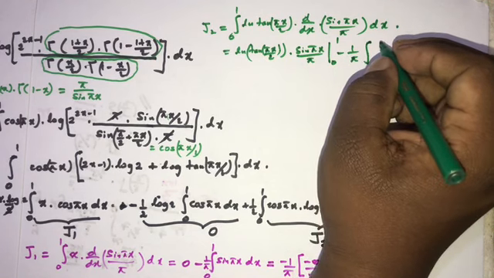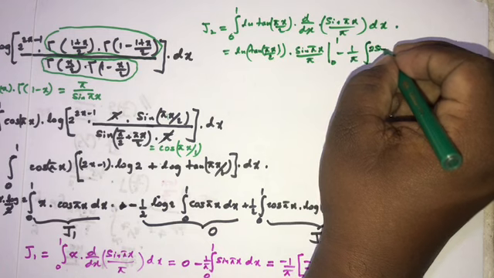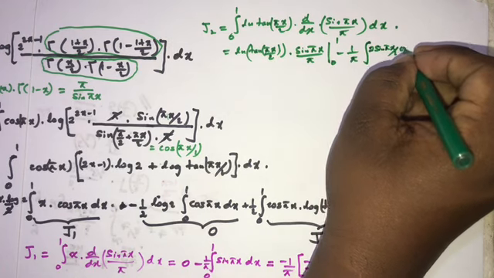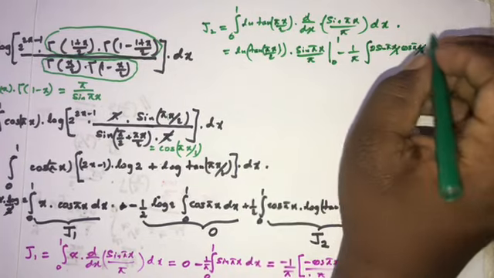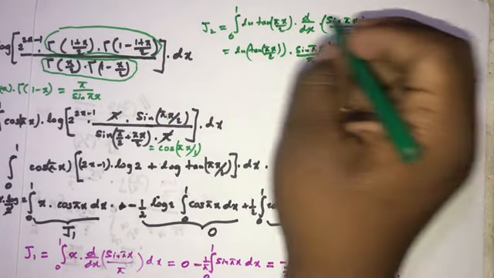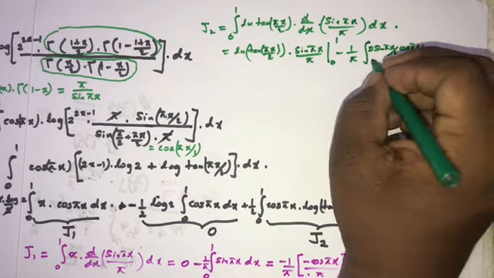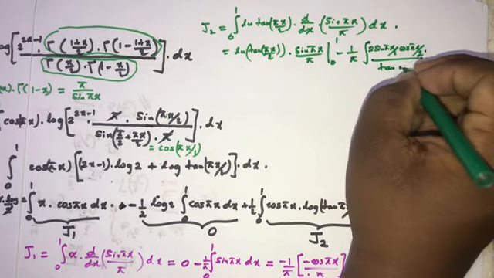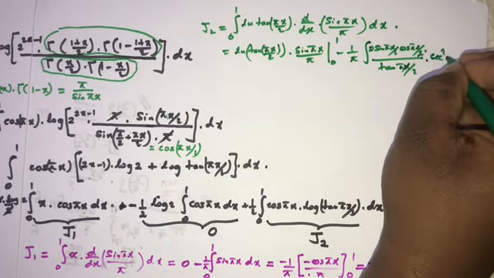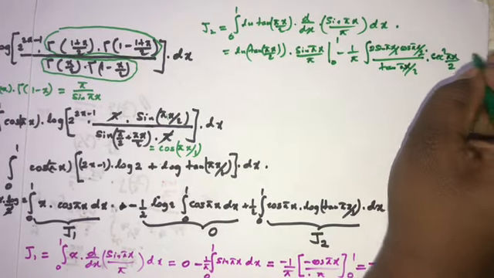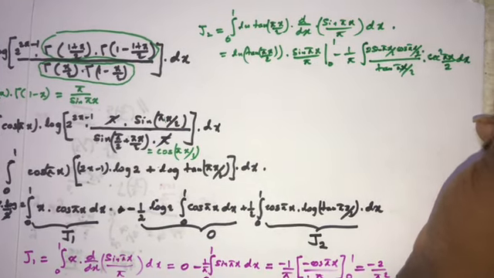Instead of sine of pi x, I am going to write 2 times sine of pi x over 2 times cosine of pi x over 2, and then the derivative of natural log of tan. So we know 1 over tan of pi x over 2 times secant square of pi x over 2, according to the chain rule, dx.